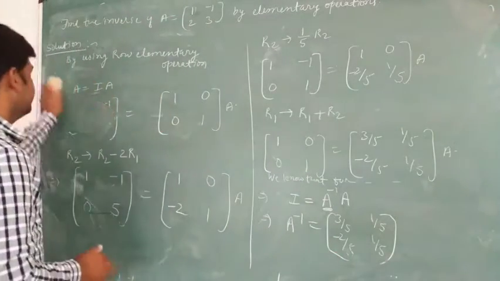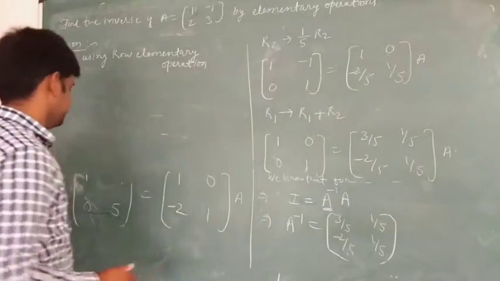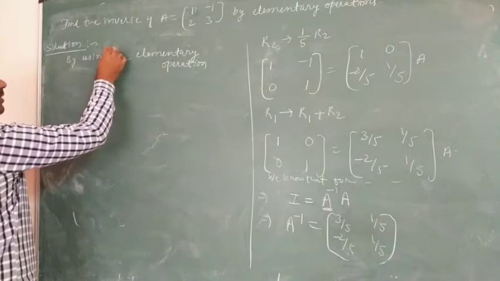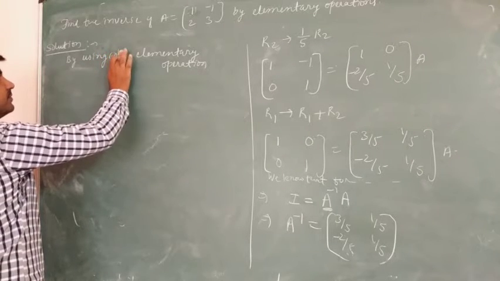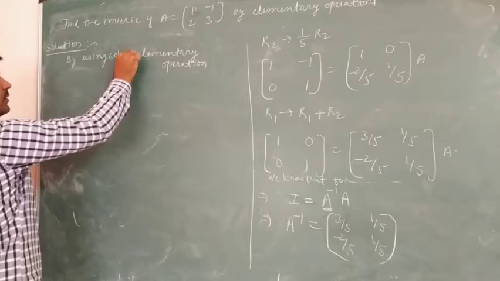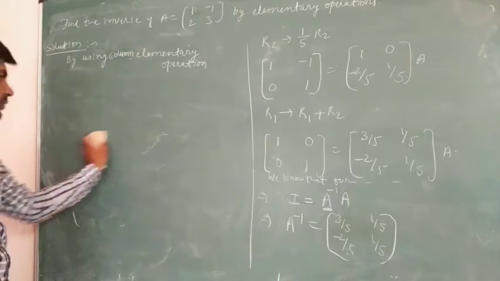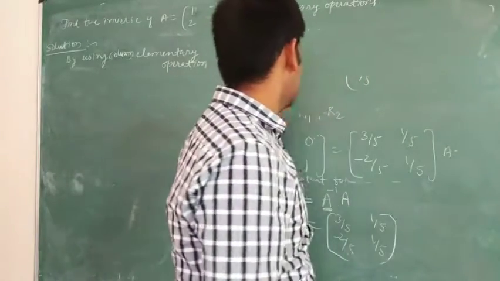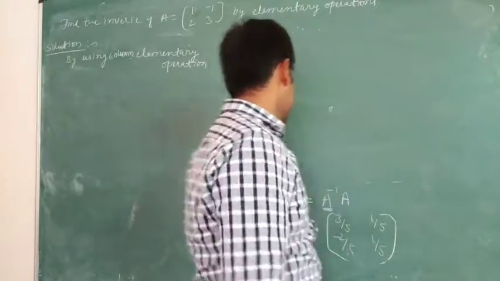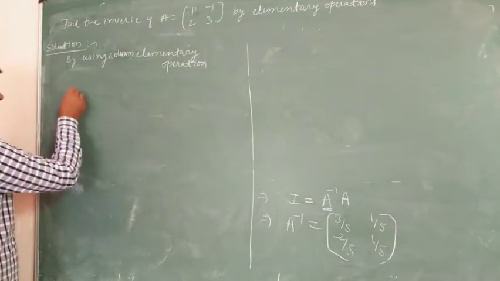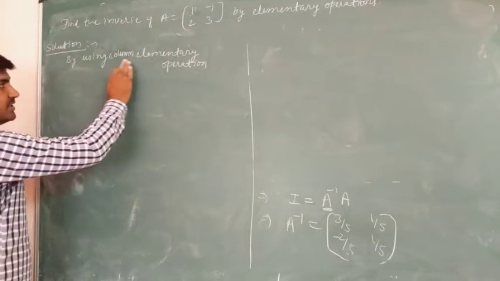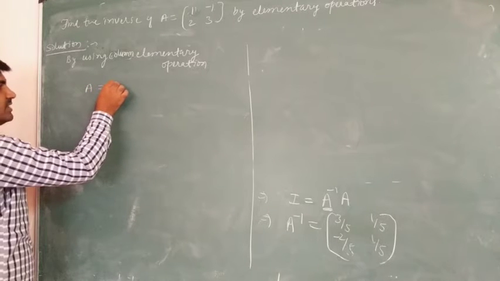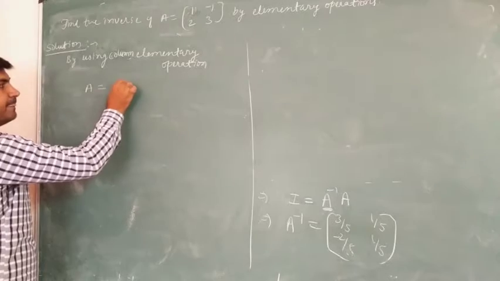Now, by using a series of column elementary operations or transformations, we are going to find the inverse of this particular square matrix. So remember students, I told you when we have to use a series of column elementary operations or transformation, we have to write A as A is equal to AI.